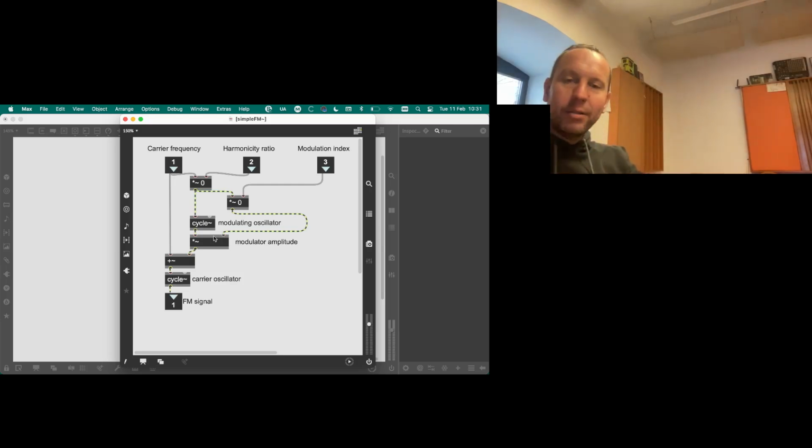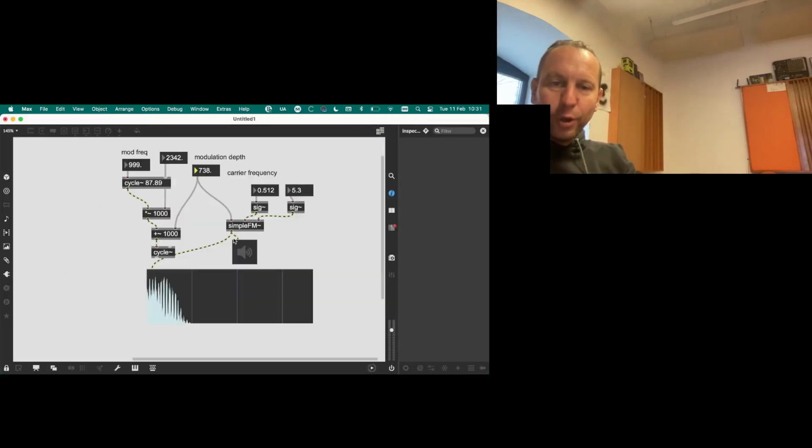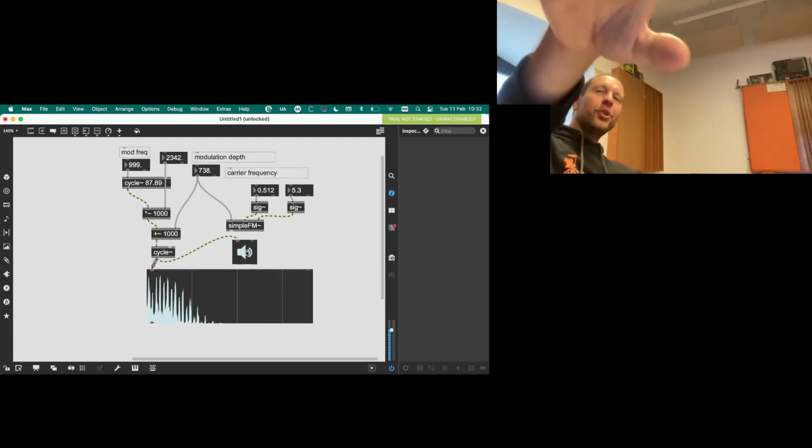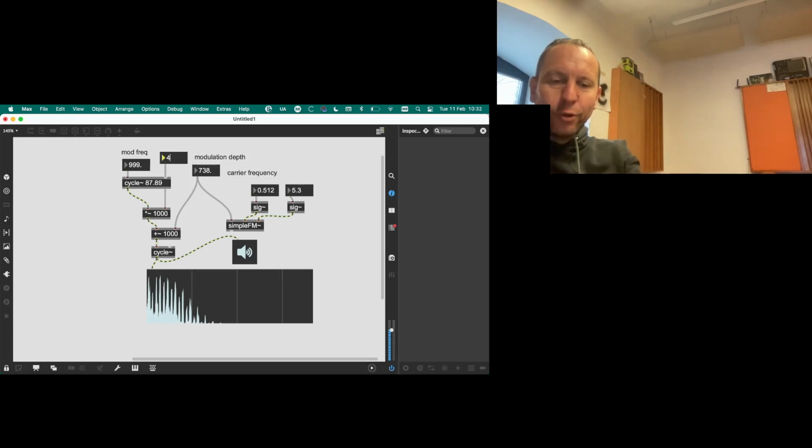I can try to demonstrate that as well. So if we go back to this one, here I have these parameters separately. Okay, so observe the level of the sidebands. Now I'm going to take an octave on top. So this will be 2346.